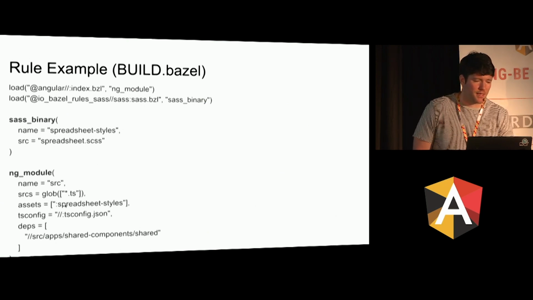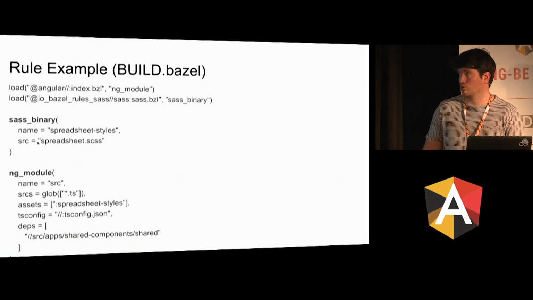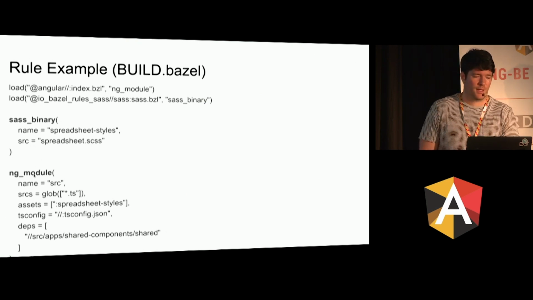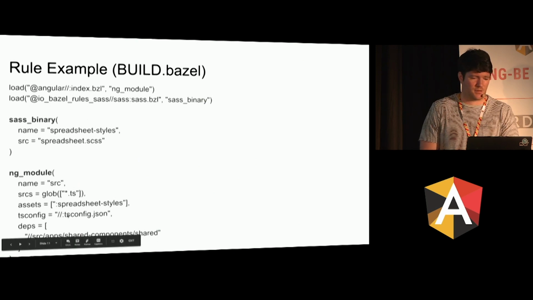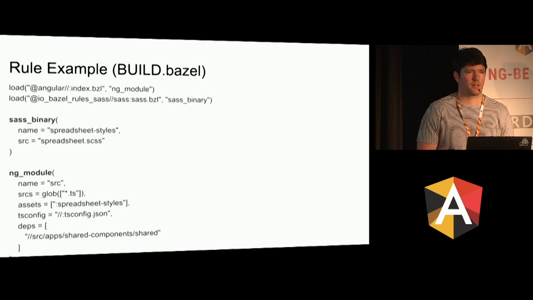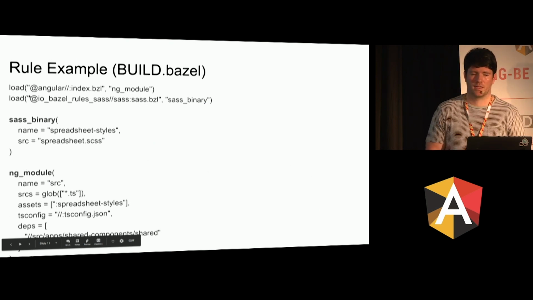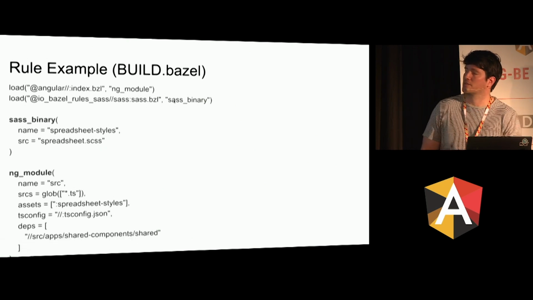You also declare a dependency on the sass_binary rule, because the components in the ng module depend on the CSS produced by the sass_binary rule. You can specify a tsconfig, and then there's a deps array, because ng modules can depend on other ng modules, you can declare a dependency on other ng modules by declaring them in the deps array. And at the top, we're basically just importing the symbols that we use. Here, you're importing the ng_module rule, and this here is the sass_binary rule.